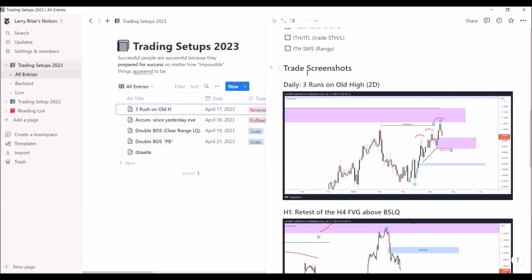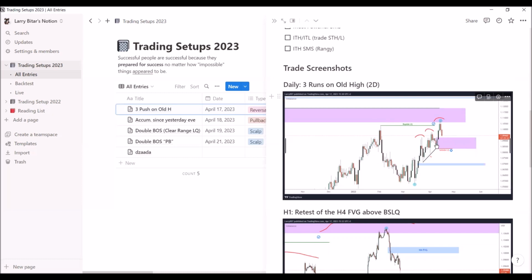Now we will see the trade screenshots. On the daily, I spotted three runs on the old high, and the old high is a 2 days order block. Above there is liquidity, but before we take this liquidity, I think the algorithm wants to take some sell side liquidity first, because we have just taken this big buy side liquidity, and now people are induced to buy.